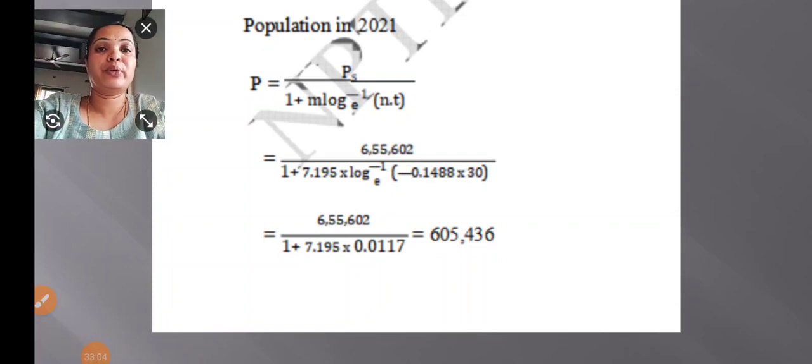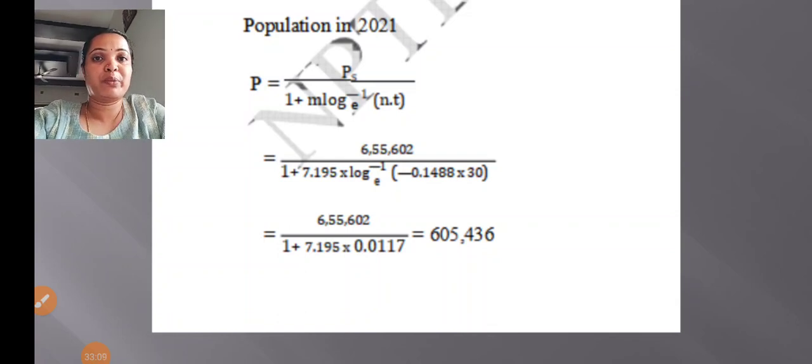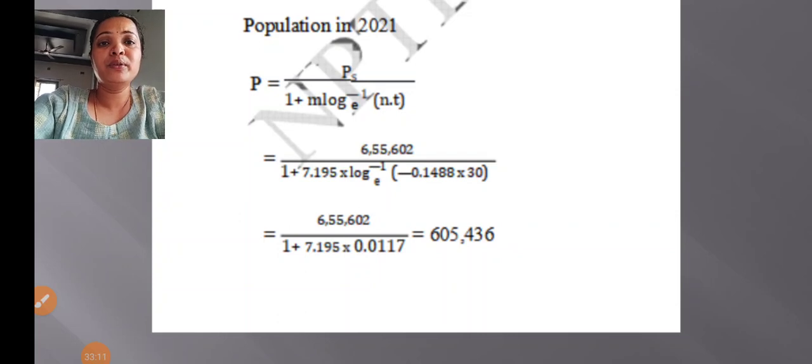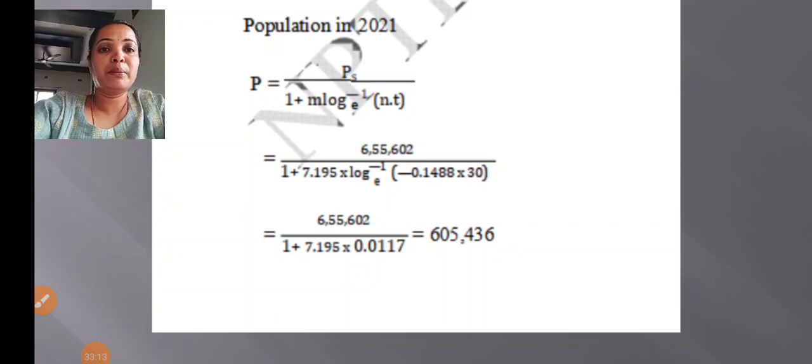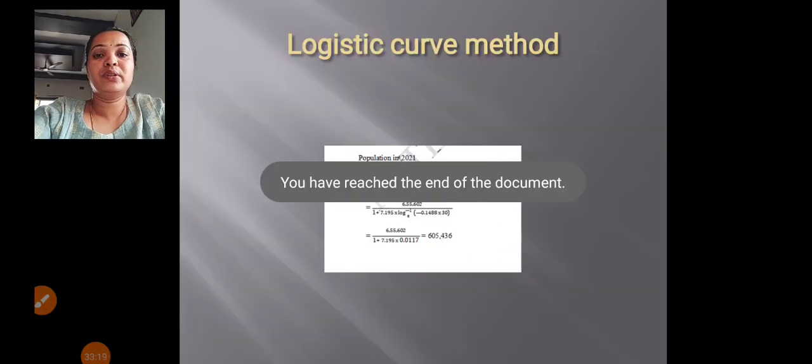Students, I think you are now confident to solve this problem. Yes or no? You can solve a number of problems now using the decrease rate of growth method and logistic curve method. Okay, thank you. All the best.